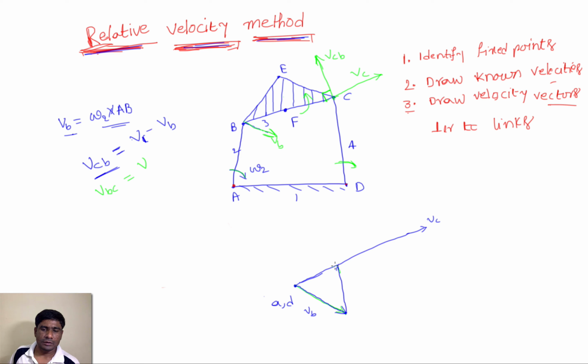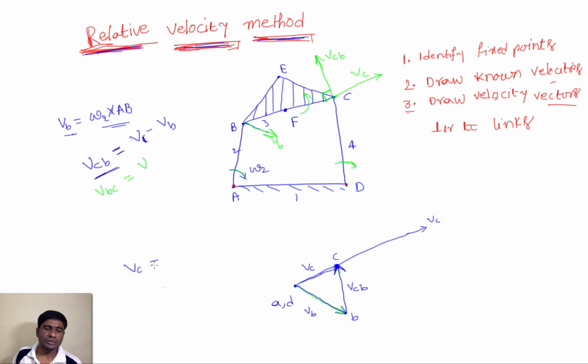This is a perpendicular. The point where it joins is C, and this is B, and this is CB, and this is VC. So from this velocity triangle, we can measure this value. So what is VC?